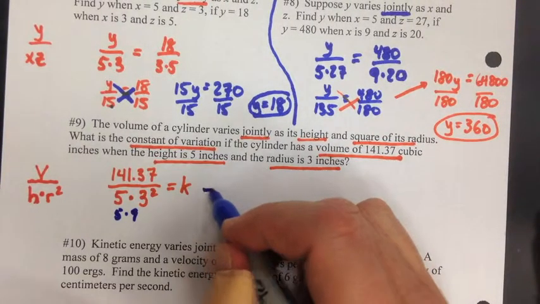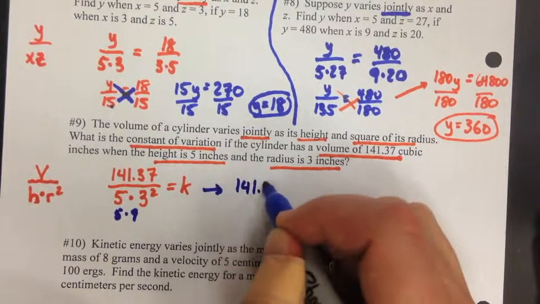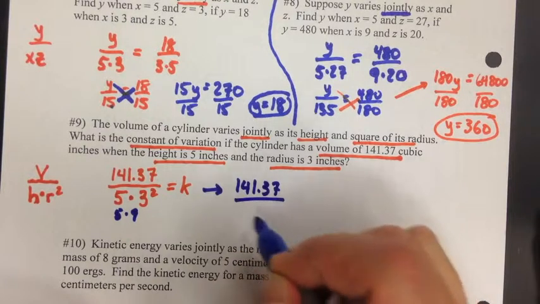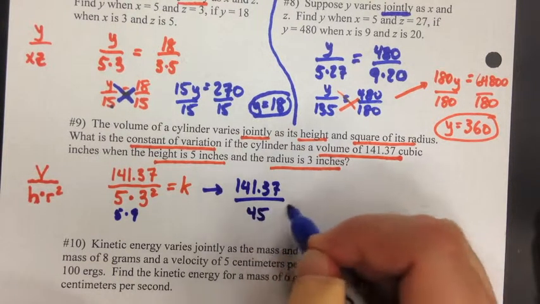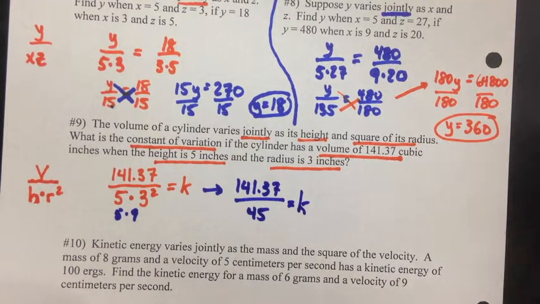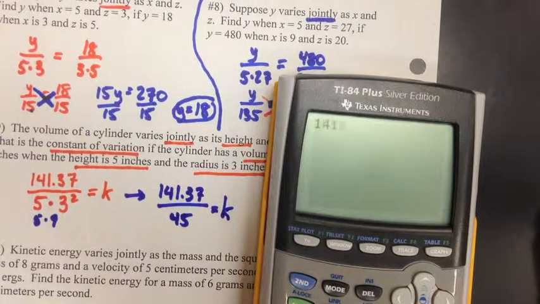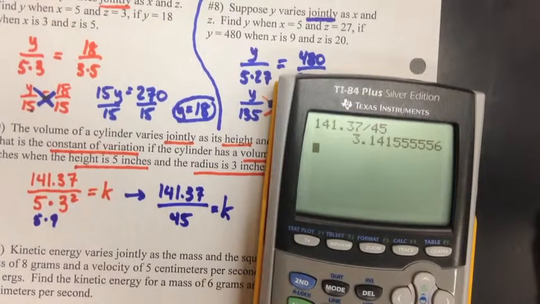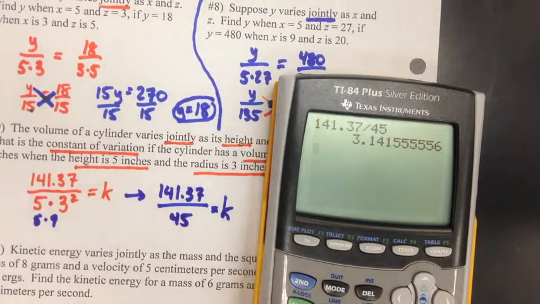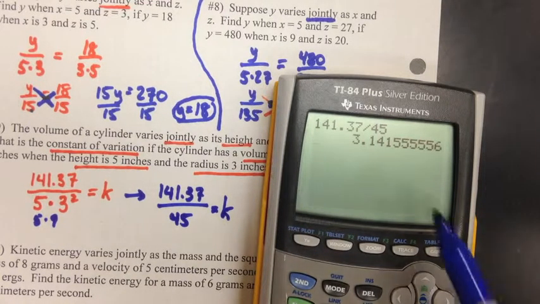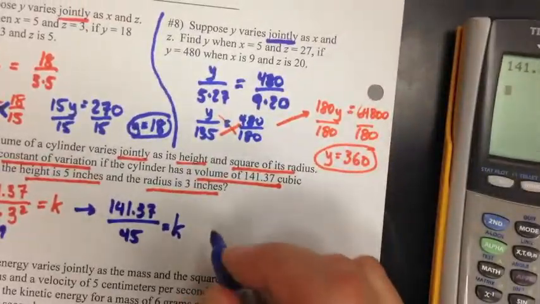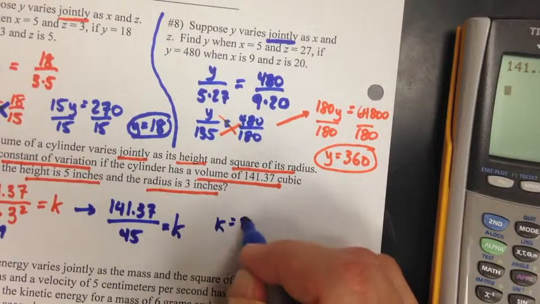So what we get here, 141.37 divided by 45 equals k. Now, when we go to the calculator and we type this in, 141.37 divided by 45 equals, now look at that, 3.1415 repeating. Basically, this is pi. You get 3.14. The constant of variation is pi.